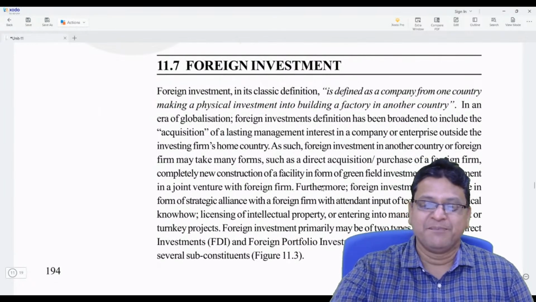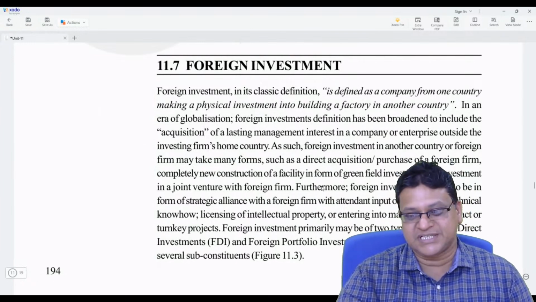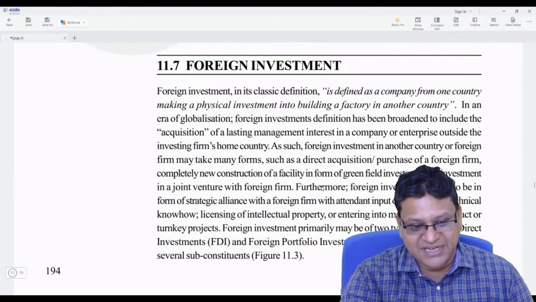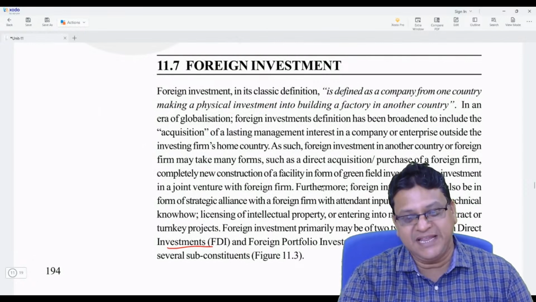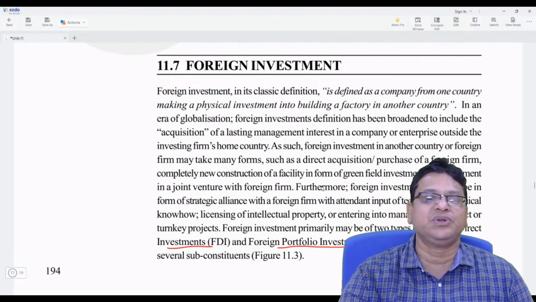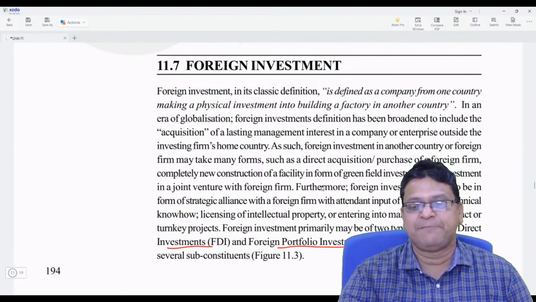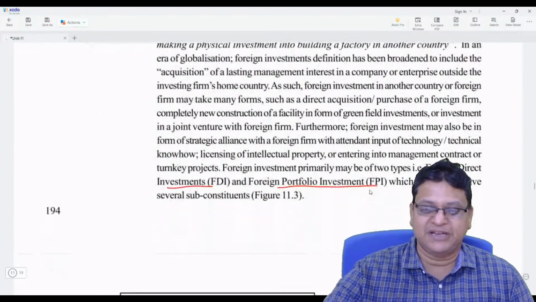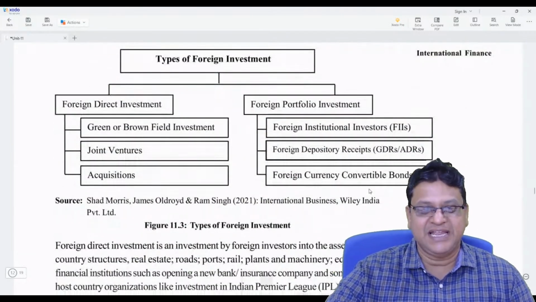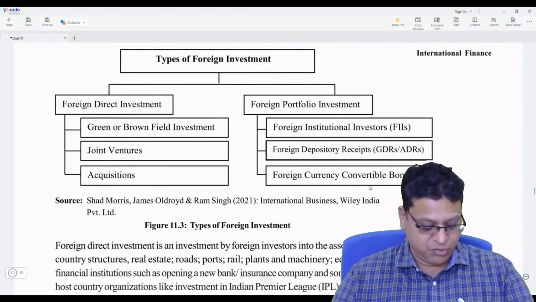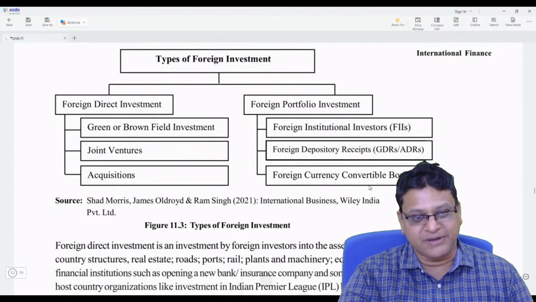Foreign investment may be of two types. One is foreign direct investment, which is known as FDI. Another is foreign portfolio investment, which is known as FPI.